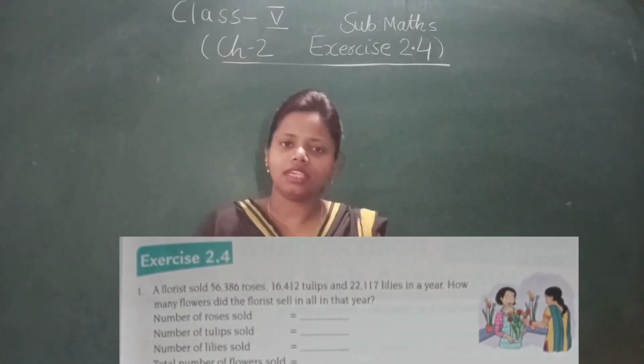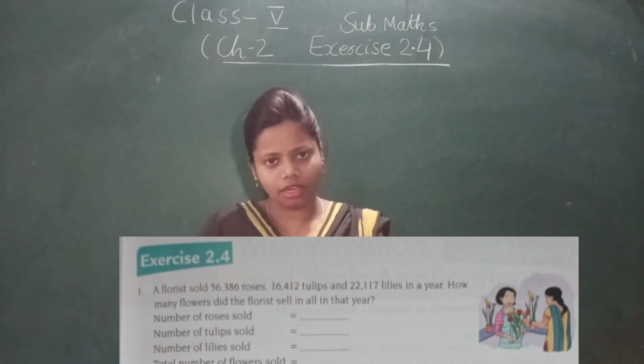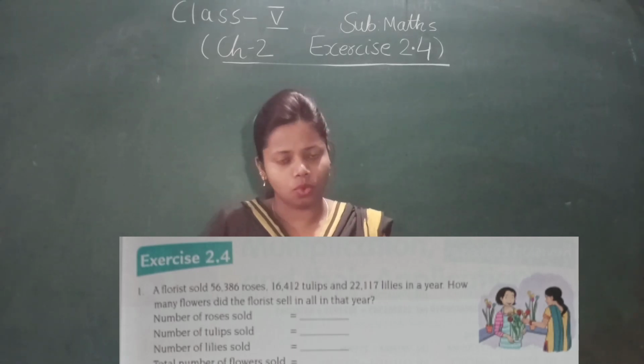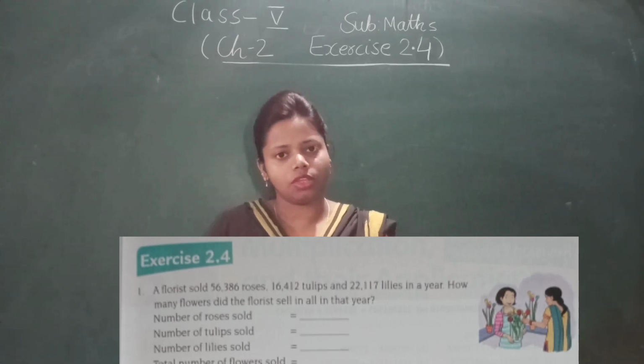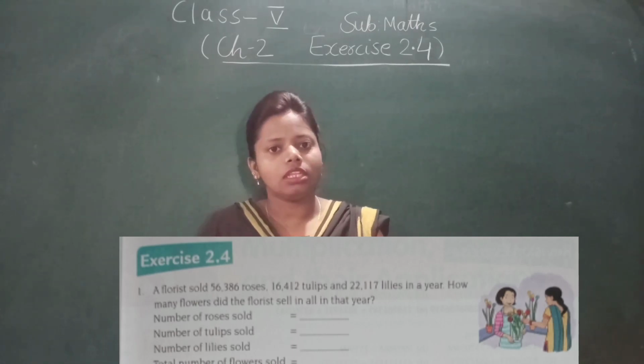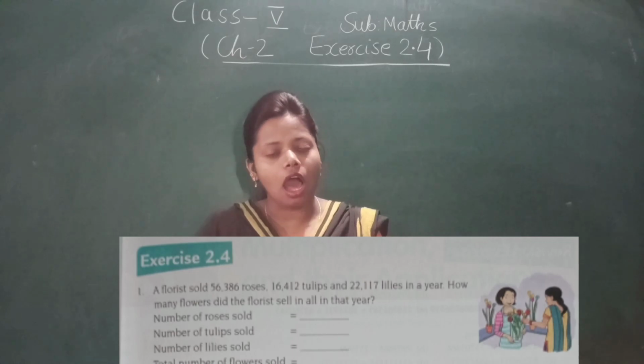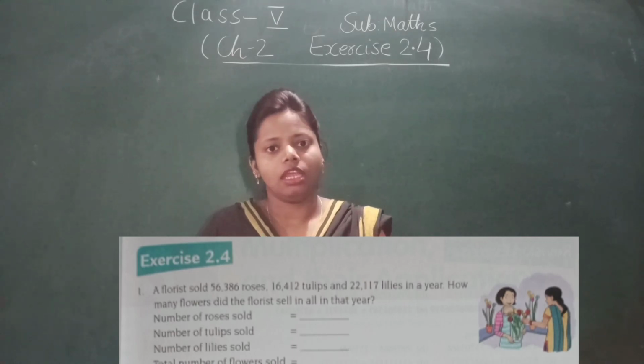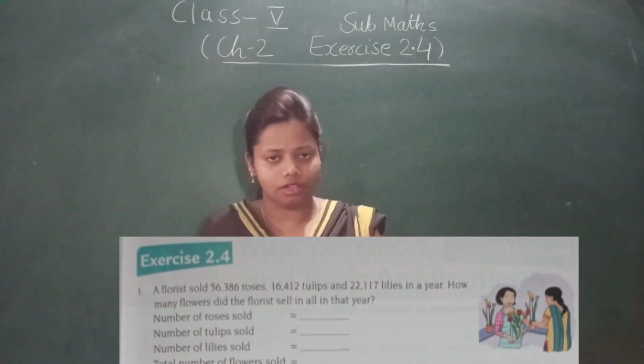Now this question says that a florist sold roses, tulips and lilies. The question is asking how many flowers the florist has sold in a year.